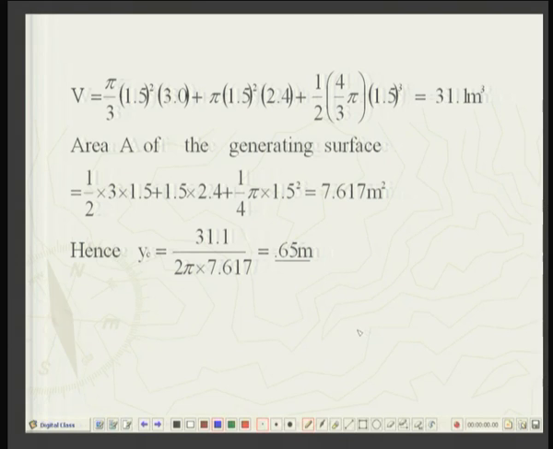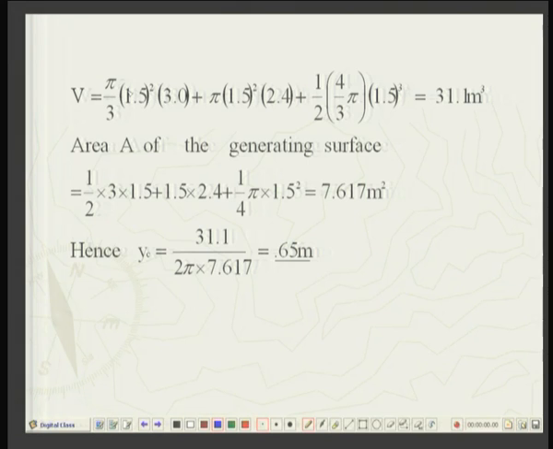For the cone, you know, the volume is equal to 1/3 of the base area, pi into 1.5 whole square, into the height of the cone, that is 3 meters. Then for the cylinder, pi r square into the length of the cylinder, so again very easy.